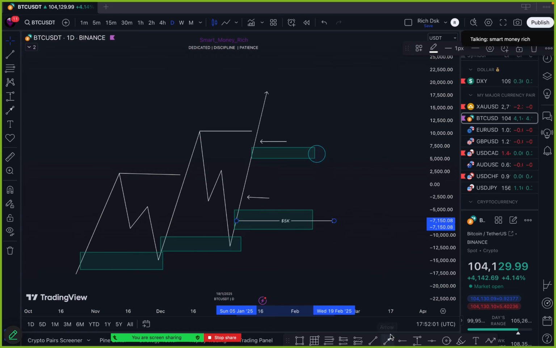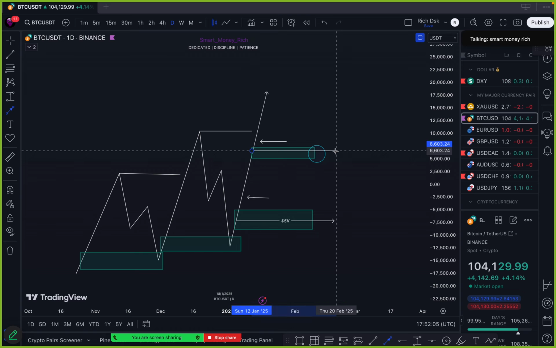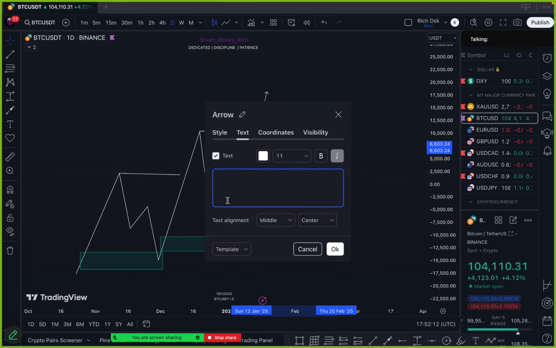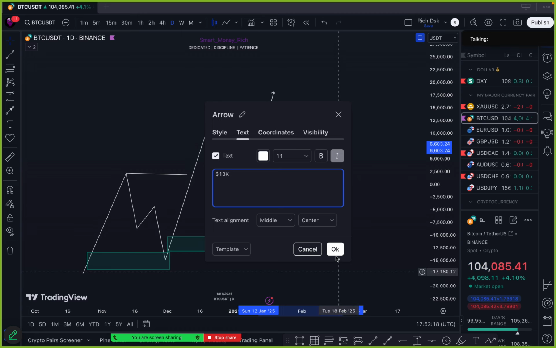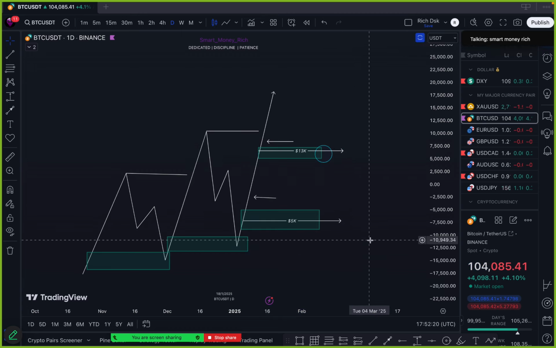If that level is 5K, then this level is around 13K, right?